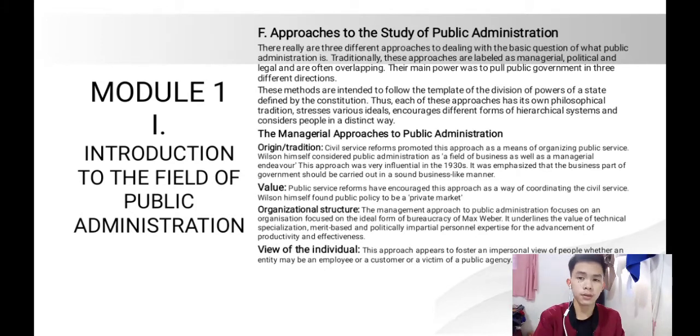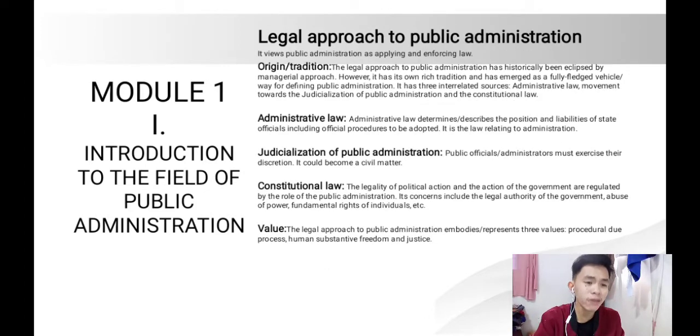Now we have the legal approach to public administration, which is explained with four different forms: the objective, origin, administrative laws, judicialization of public administration, and constitutional law.